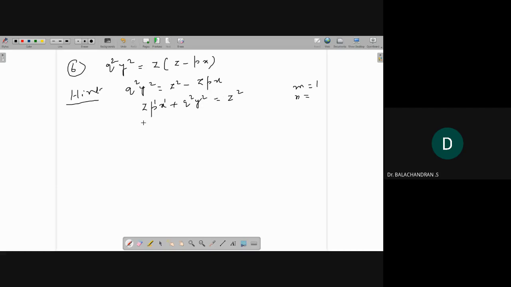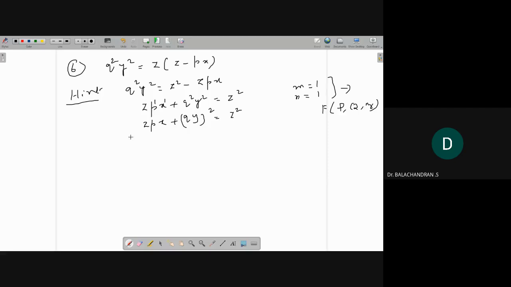You should write this as z times (px plus qy) whole square equal to z square. Then this reduces to type number 3, that is a function of z, p, q.